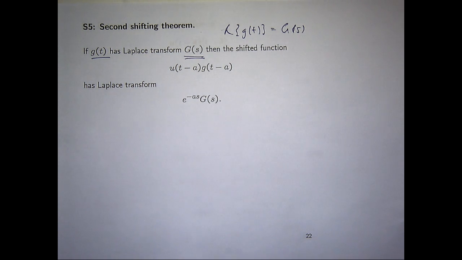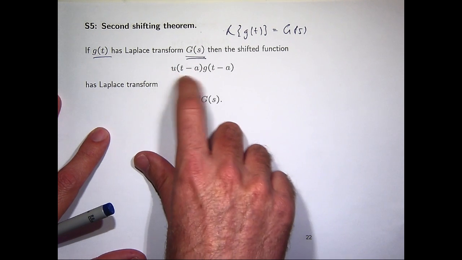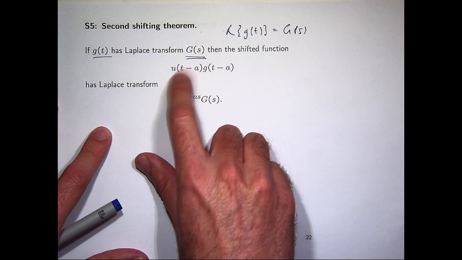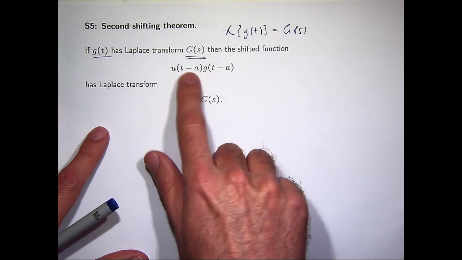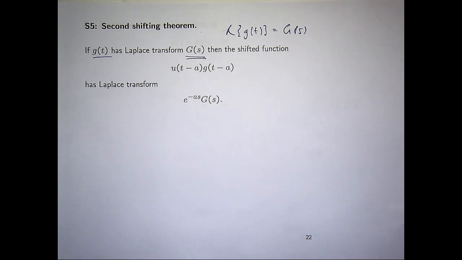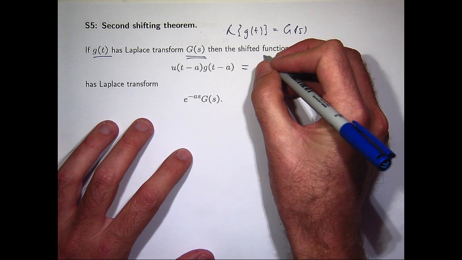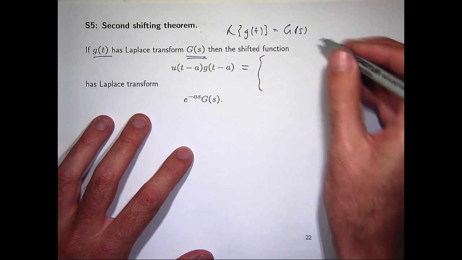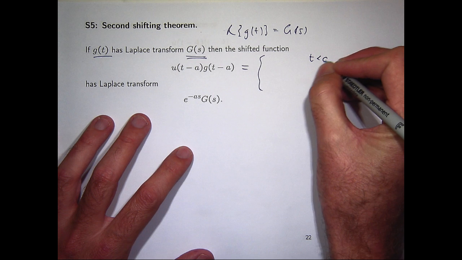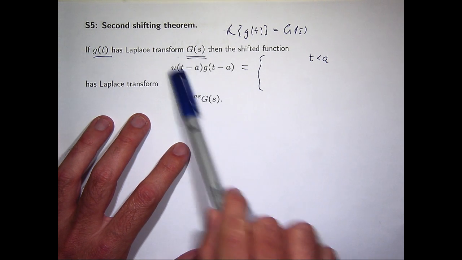Okay? Now, remember, this is just a function that switches on and off. So if I combine the Heaviside step function with multiplication of some other function, you're going to get some switching on at t equals a. So if I wanted to write this out in the longhand form, well, for t less than a, this coefficient, if you like, is 0.